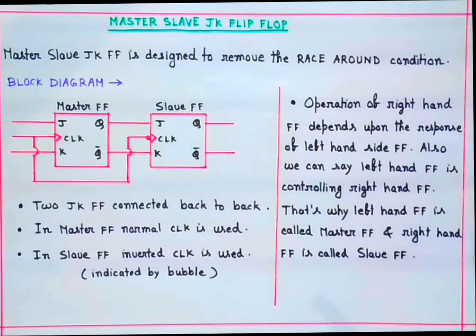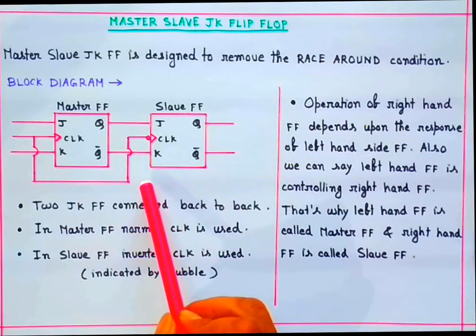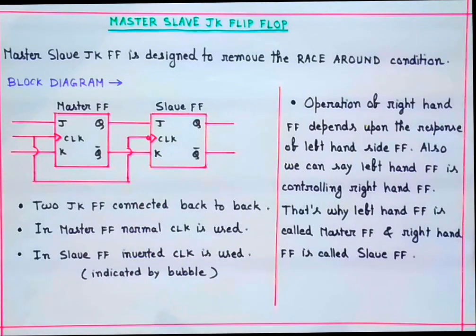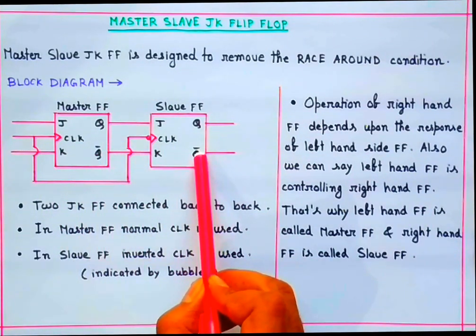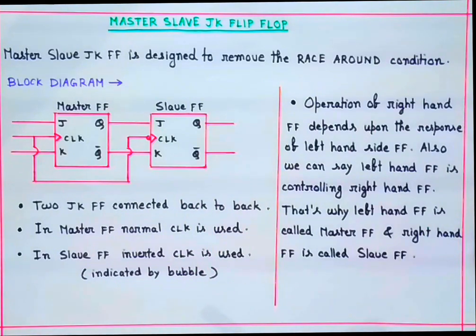Now we will discuss the block diagram of master slave JK flip-flop. To construct a master slave JK flip-flop, two JK flip-flops are connected back to back. You can see from this figure, these two JK flip-flops are connected back to back. In the master flip-flop, normal clock is used, and in the slave flip-flop, inverted clock is used.